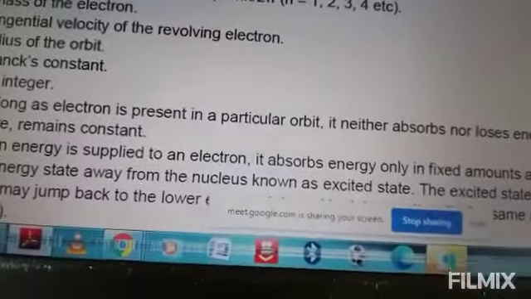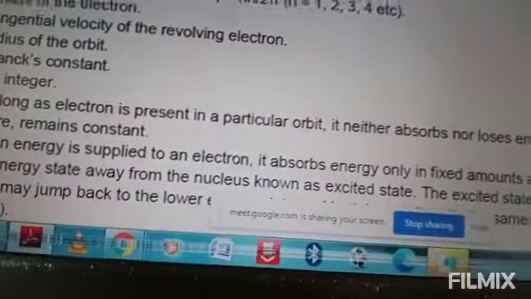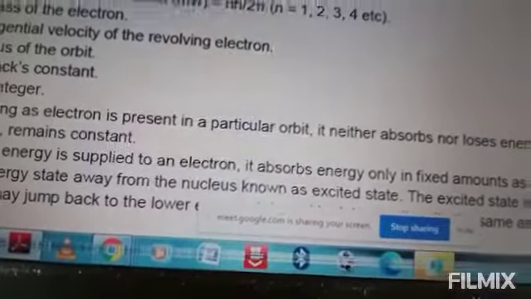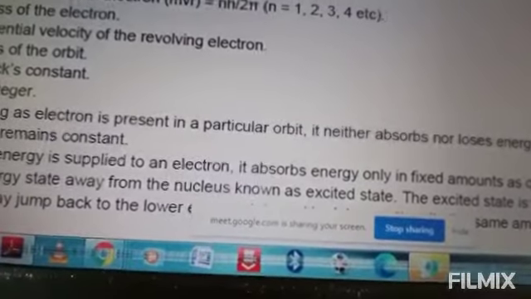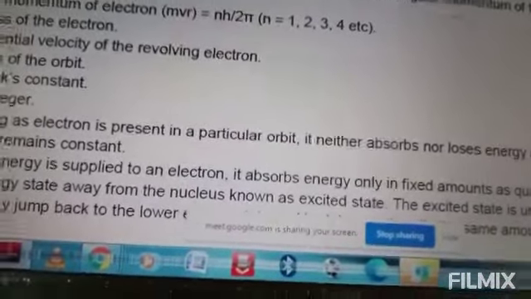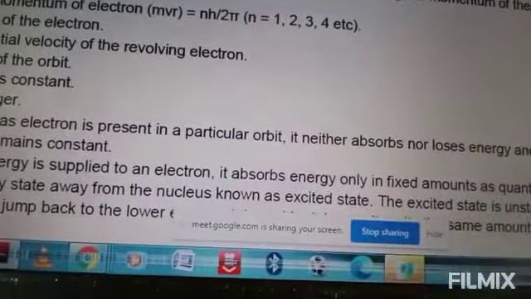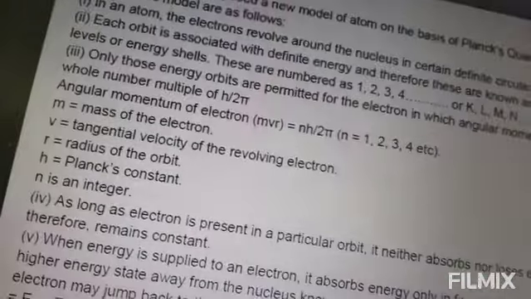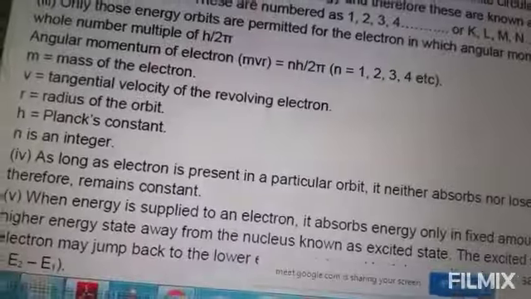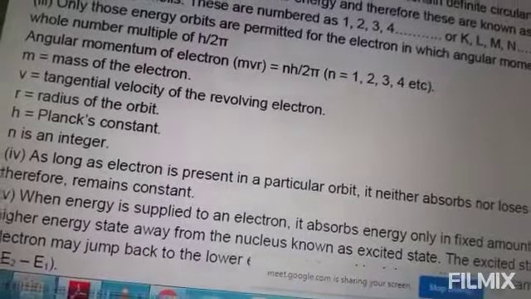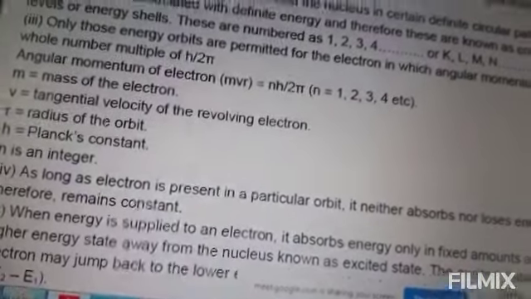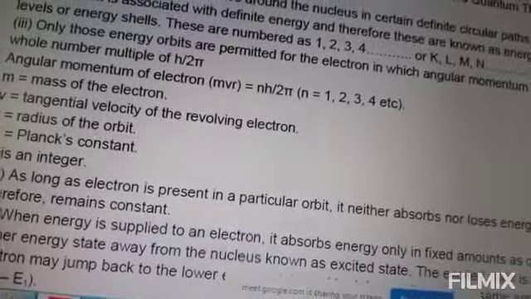Let us see some more conclusions of Bohr's theory: it can also be applied to ions containing only one electron. So not only the atom, Bohr's theory can be applied to species which have only one electron.